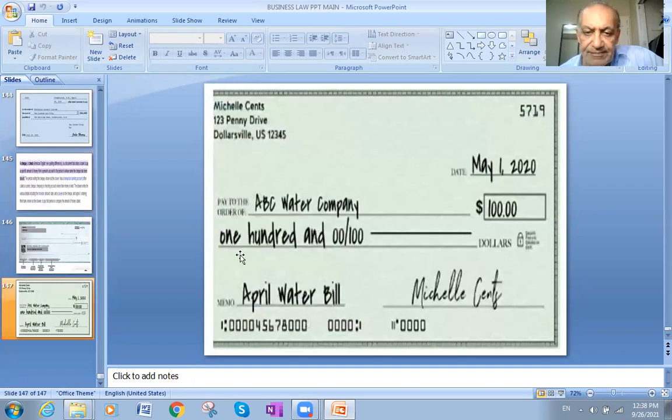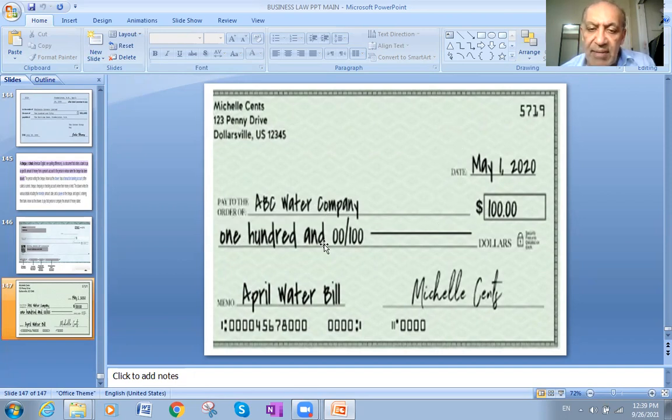Like you see here, this is a person. He is directing his order to the bank: pay to the order of ABC Water Company, as an example. We call this the payee. Let's say this is any name, not a specific name. So ABC here is the payee.